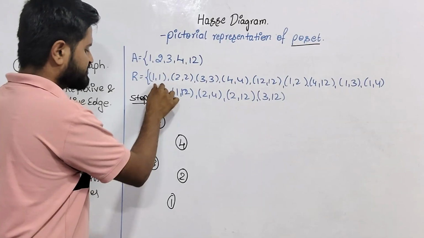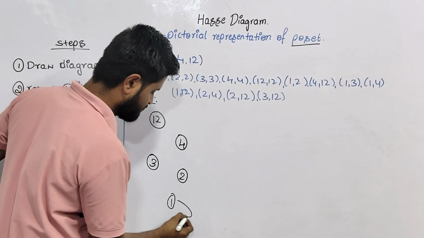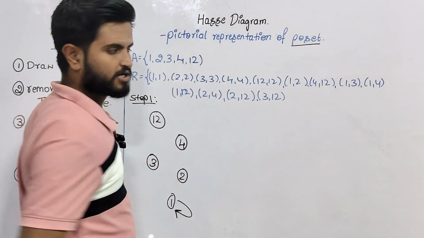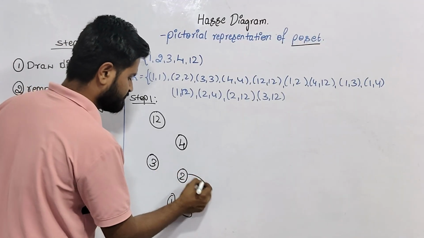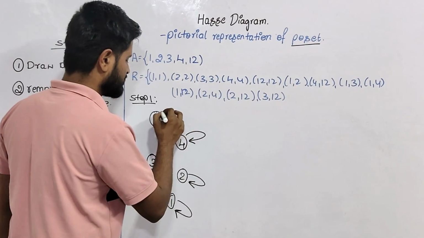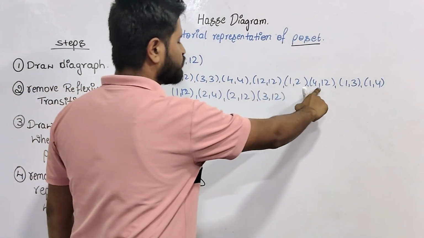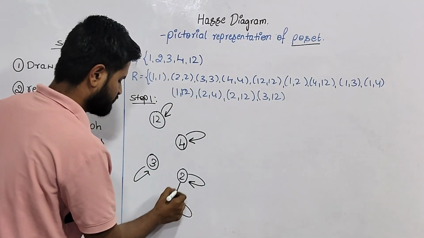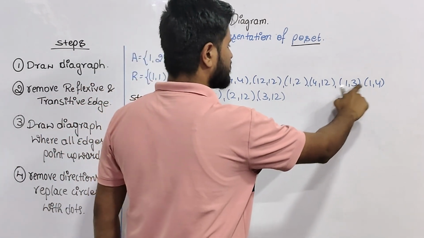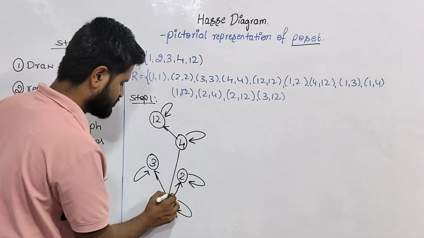Now represent the relation in the digraph. 1 comma 1 means self loop. 2 comma 2, 3 comma 3, 4 comma 4, 12 comma 12, so all will have the self loop. Now 1 comma 2, 4 comma 12: from 1 to 2, 4 to 12. 1 comma 3, 1 comma 4: from 1 to 3, from 1 to 4.